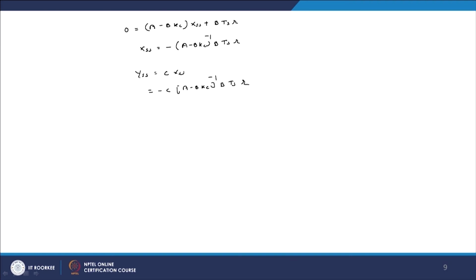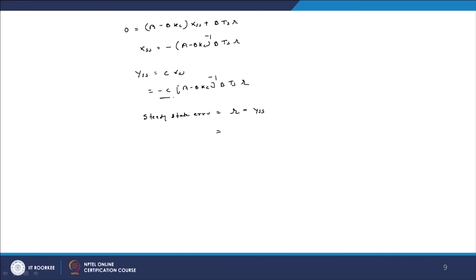Now about the steady state error, the steady state error is given as reference R minus the steady state output, that is yss.